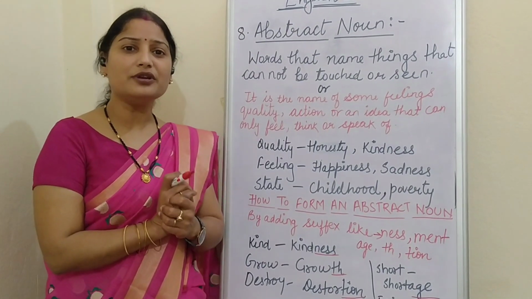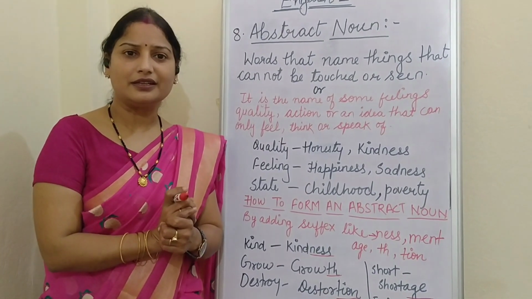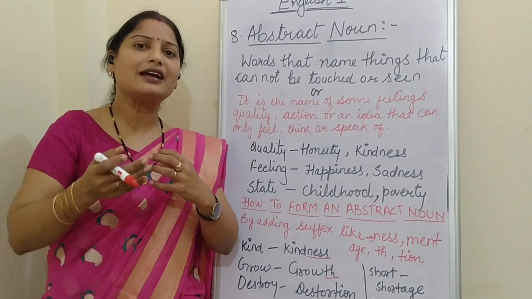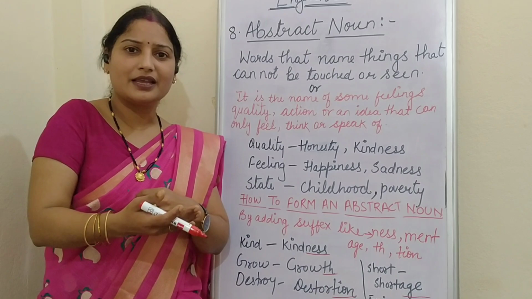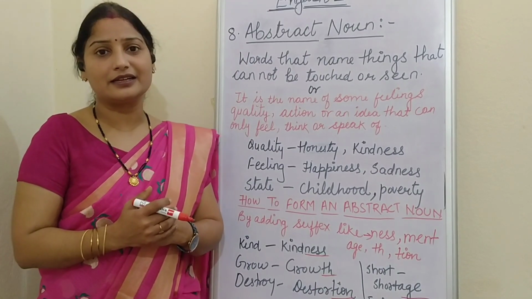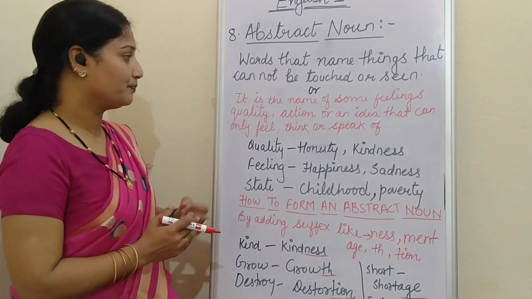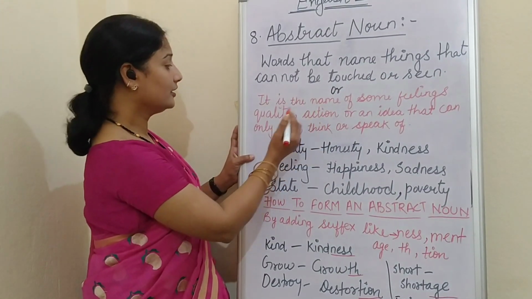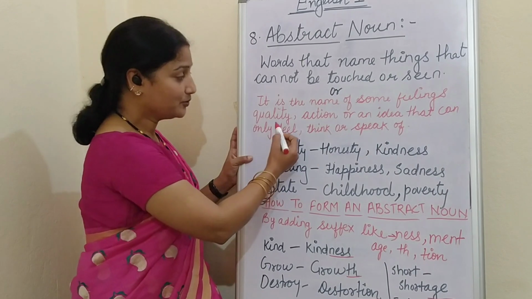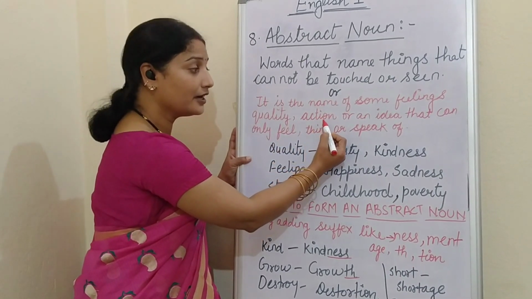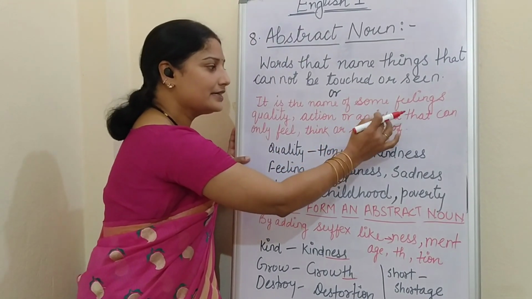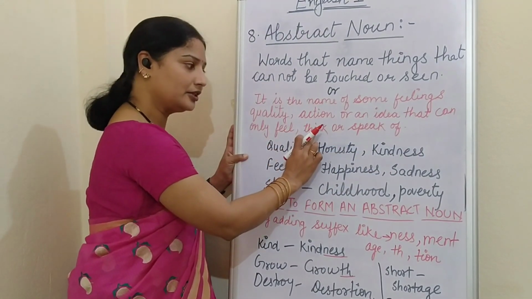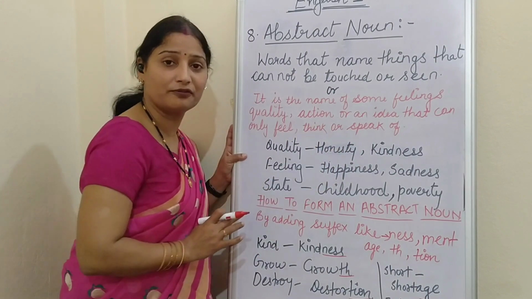This abstract noun is our action that cannot be expressed in words, but it can come from our heart. It is our inner feeling. Abstract noun can give us the quality, the action, or it is an idea that we can only feel, think or speak of.